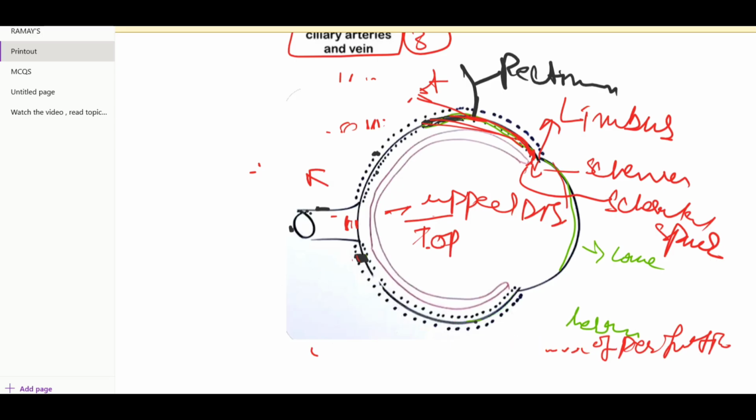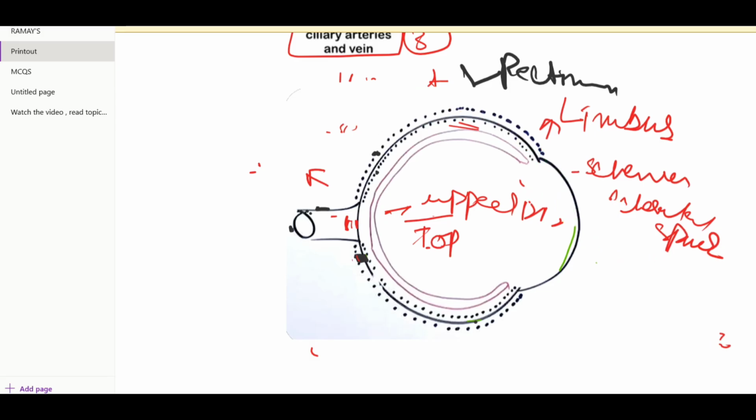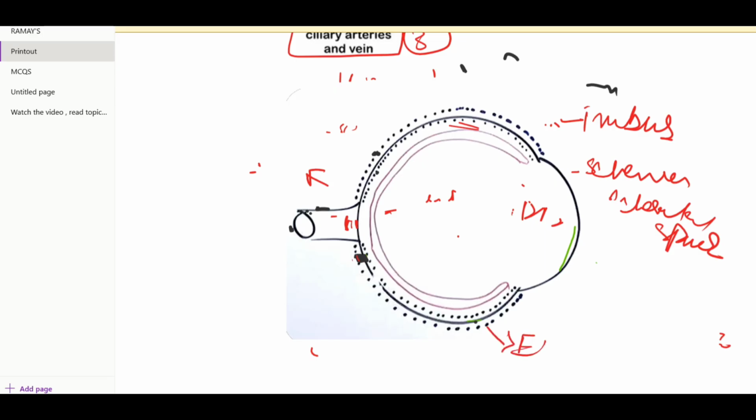First of all, the outermost is the episclera. Look here, this layer here, this is the episclera.